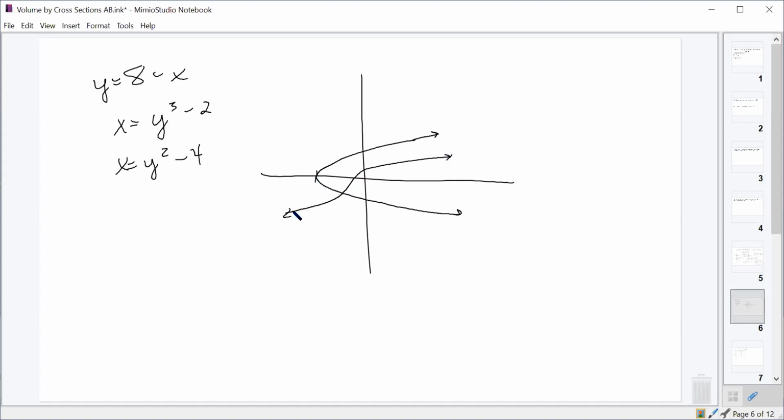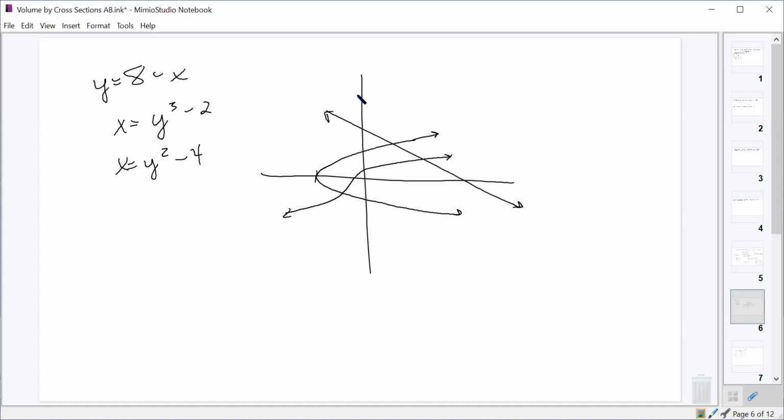It's just a cubic, but that's been shifted to the left 2, a cubic in terms of y. And then 8 minus x should be something like that. So my sketch isn't superb there. With any luck, you could draw something better than that. Or you could look at it in Desmos.